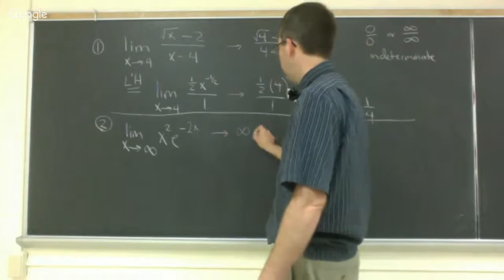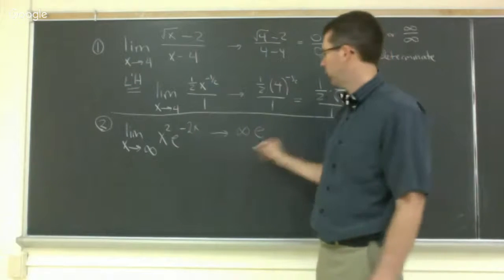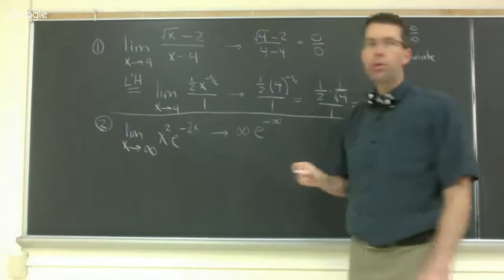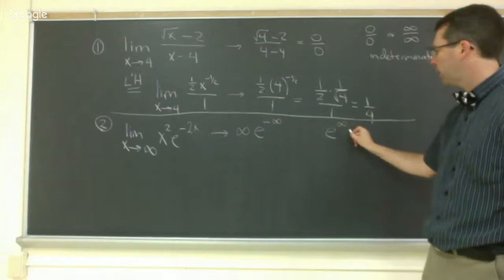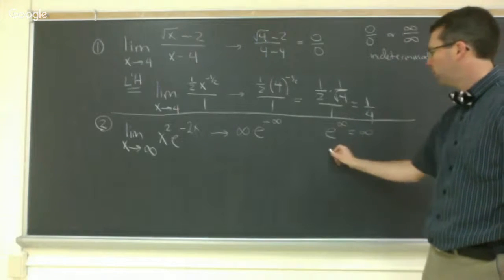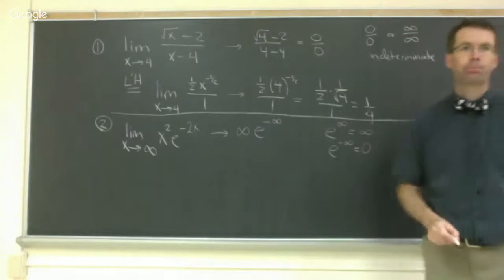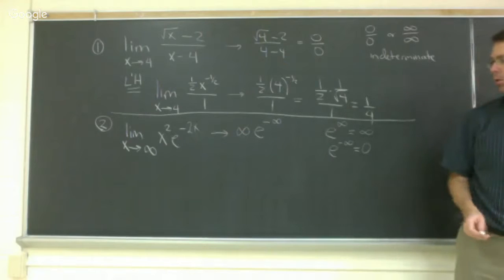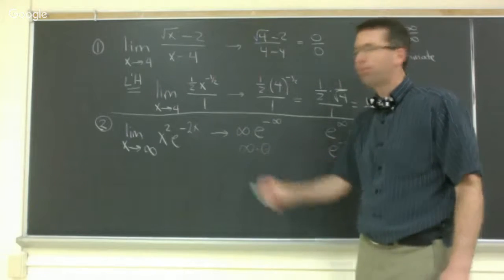And then I have e to the minus, what's 2 times infinity? Infinity, so I have e to the minus infinity. So the next thing that we have to remember is e to the positive infinity is going to be an infinity, but e to a minus infinity is going to be 0. So what do I have? I have an infinity times a 0.